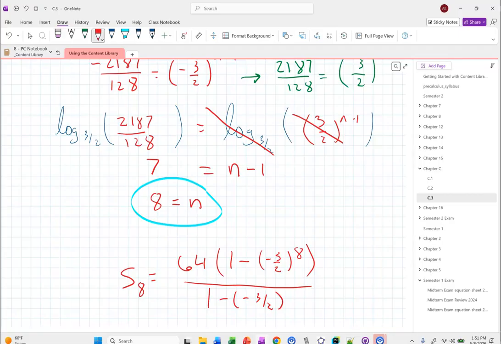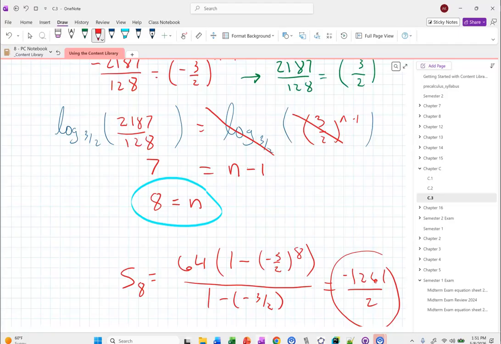Now I'll just type that into my calculator, and I get negative 1261 over 2. So you feel okay? So again, same process as before.